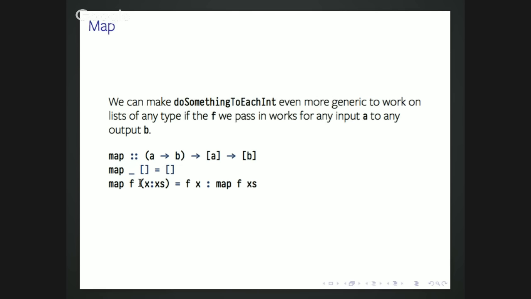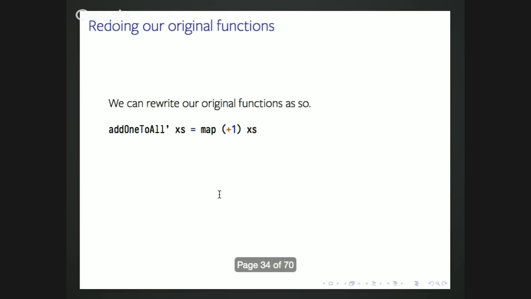But otherwise, it's the exact same thing. Empty returns empty. Otherwise, we apply f to the first element, and then we recurse on the rest of the list. So it's very common, instead of writing the functions that we wrote, to write these. We would define add one to all this way: map the plus one function over the list of xs. People will say "mapping over something."